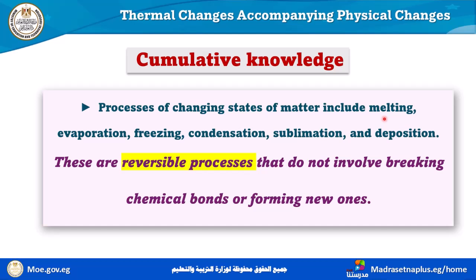By freezing, this process can be reversed by changing the liquid water into ice, which is the original state in this case. By lowering the temperature, the water refreezes and changes back to ice. And so each of these processes.